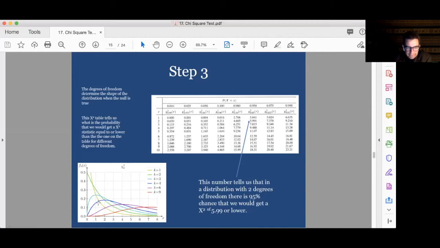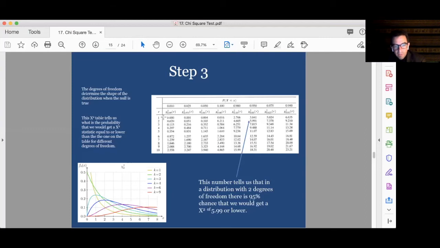The chi-square distribution changes a little bit depending on the degrees of freedom. As you increase the degrees of freedom, of course, it's more likely that you would get higher chi-square statistics.